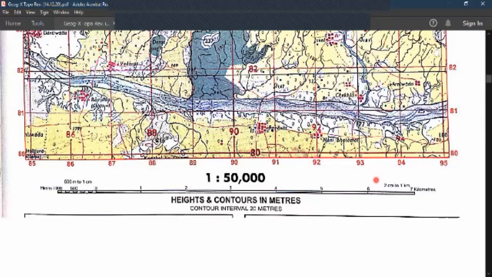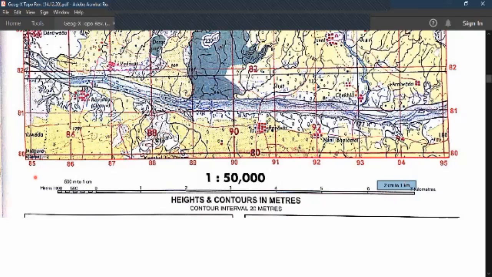Secondly, we have the map scale mentioned in this map. There are three types of map scale present here. The first is the statement scale, 2 centimeter to 1 kilometer, which means 2 centimeter on the map represents a distance of 1 kilometer on the ground.